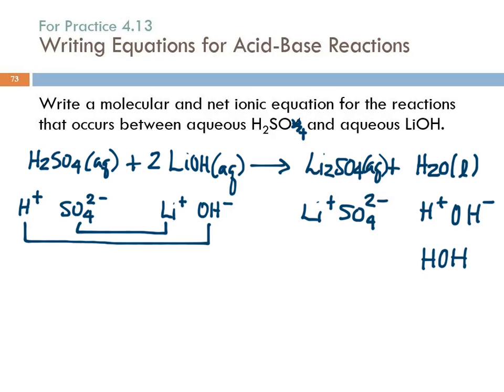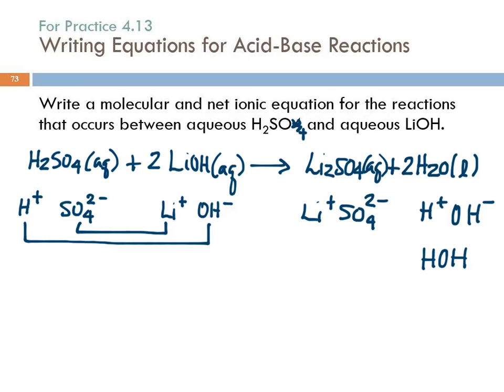Now, we have to deal with these guys. So there were 2 of these and 2 of those, and how many water molecules is that going to make? 2. So we need a 2 over here.